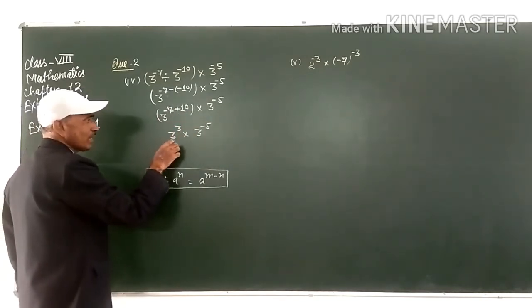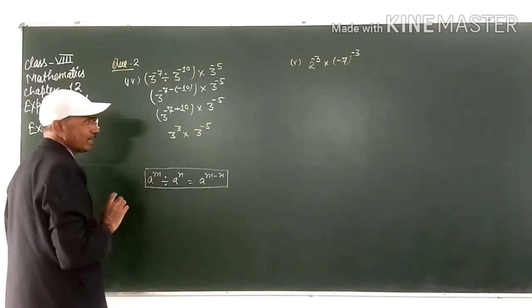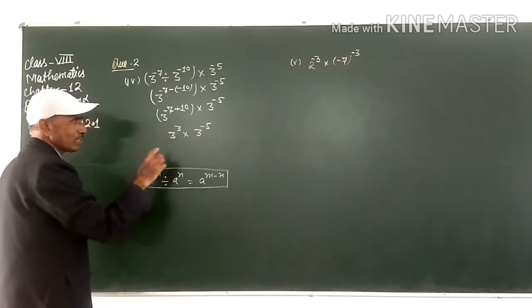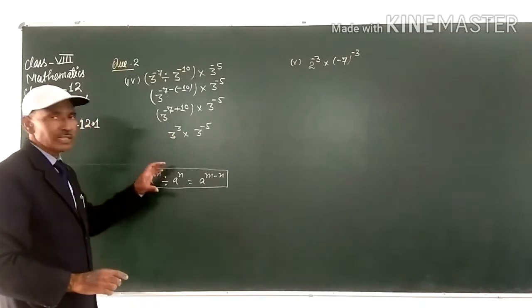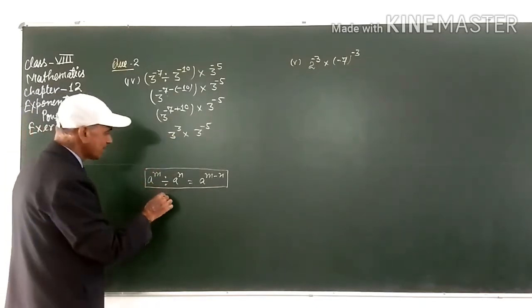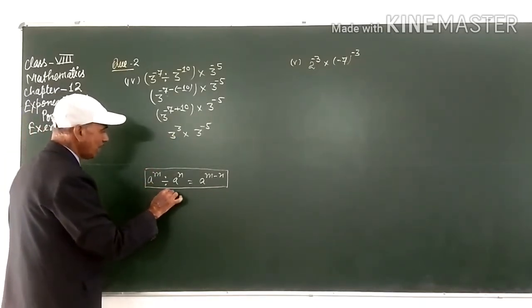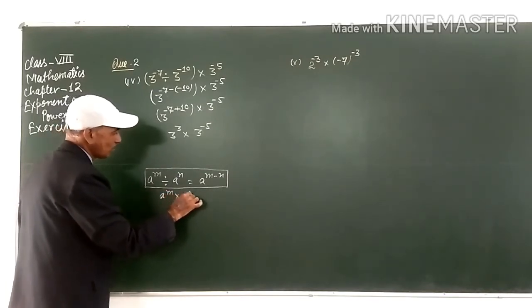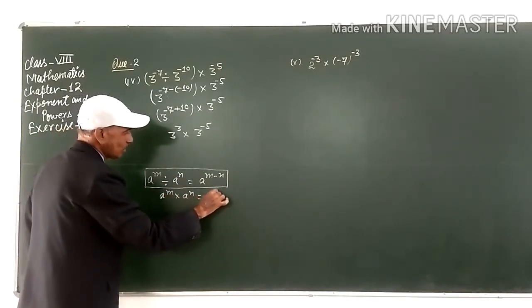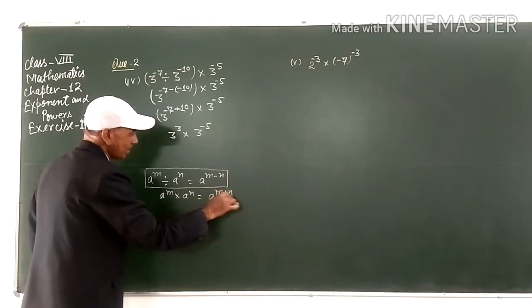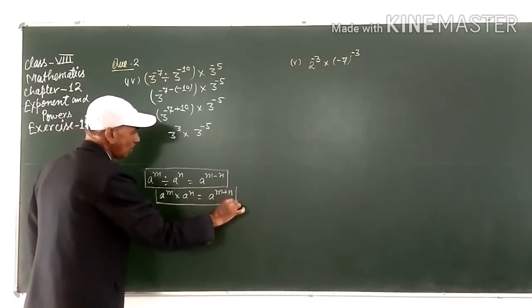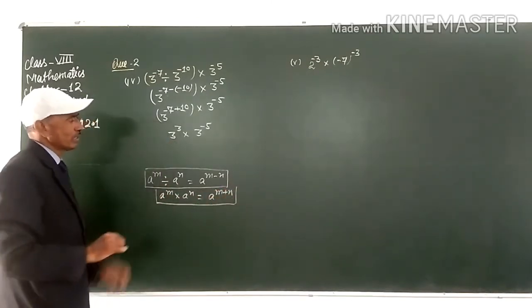Students, here base is equal and exponents are different and there is a sign of multiplication. So, we have to use another rule, and that is a to the power m into a to the power n, that is a to the power m plus n. It is a rule and we have to use this one.